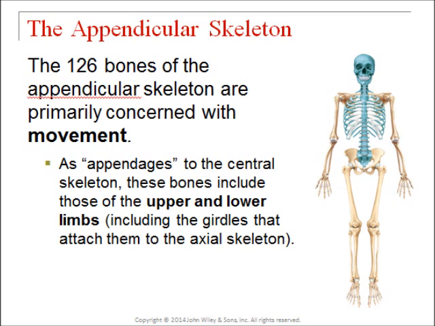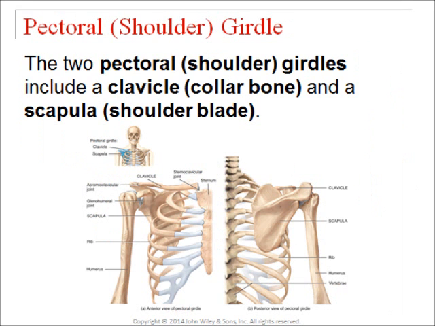So the appendicular skeleton means the upper and lower limbs, so your arms and legs. It also includes two girdles, the shoulder girdle and the pelvic girdle, that will attach to the axial skeleton. So we'll begin discussing the upper appendicular skeleton by talking about the shoulder girdle.